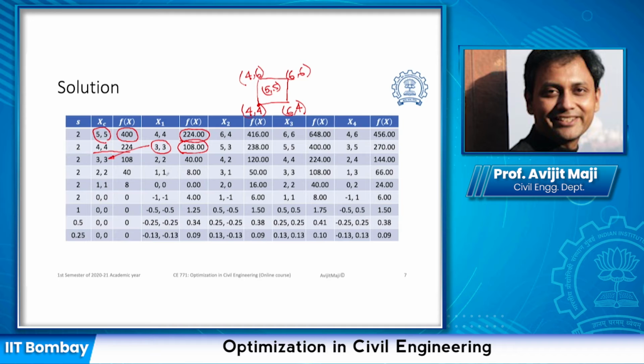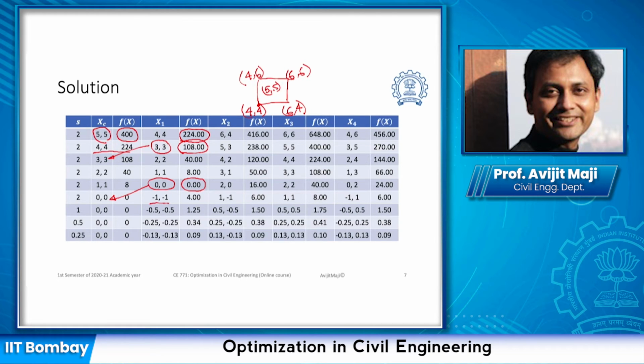This process continues until we reach the point 0, 0, and once we reach there, the objective function value becomes 0. At this point, this is the best location, so we consider this as the center location in the next step, and then we find other points.